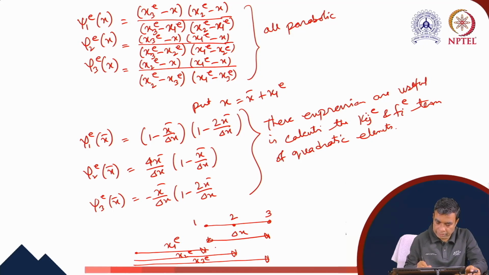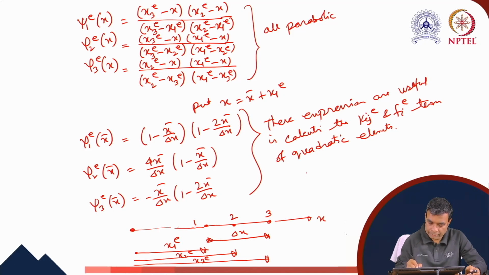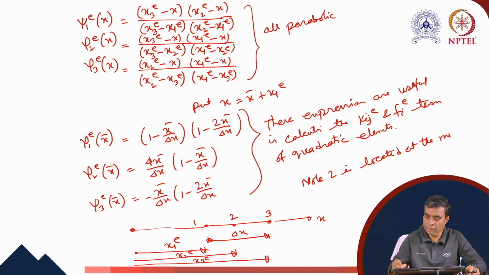So this is the origin of the x coordinate system. Then node 2 is located at the middle of nodes 1 and 3.